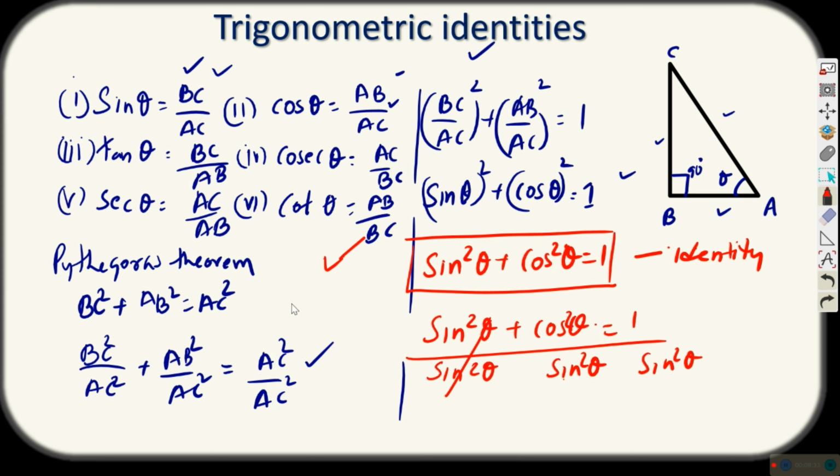One upon sine theta is equal to cosec theta. So what we will write? We will write 1 plus cot square theta is equal to cosec square theta. Understood? This way we develop new identities, which are useful to us.